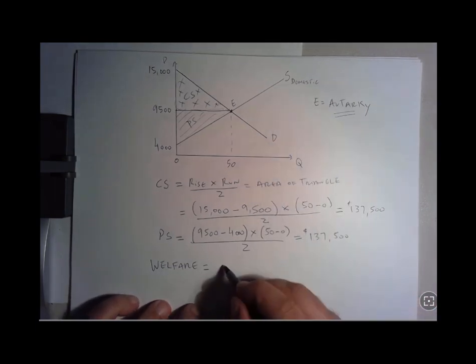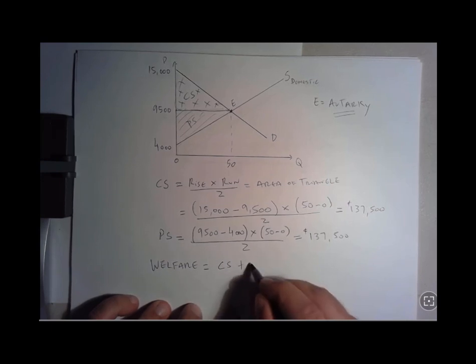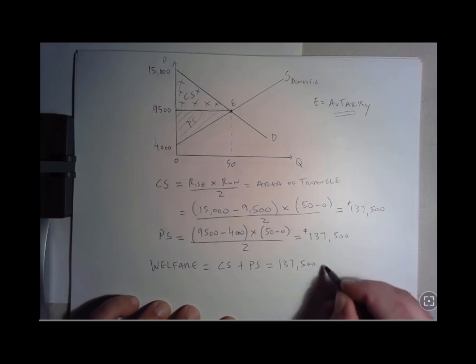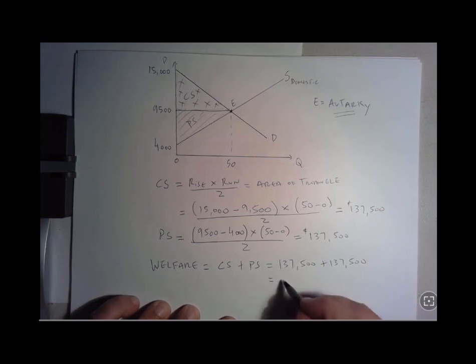Then the welfare comprises the addition of the benefits that both enjoy, both the consumers and the producers. So these will account to consumer surplus plus producer surplus, hence $275,000.